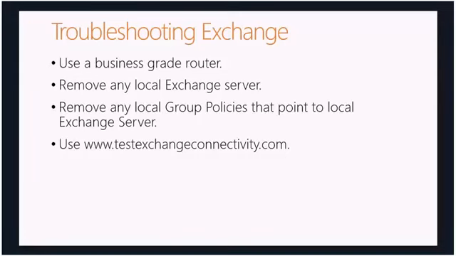So again, when you have Outlook clients that can't connect to Exchange Online, the first port of call generally is to power up testexchangeconnectivity.com, go in and do the tests and have a look at the extensive information that is provided. That will give you testing on things like DNS and autodiscover records and all those sorts of things, and basically allow you to see where any issues may lie.